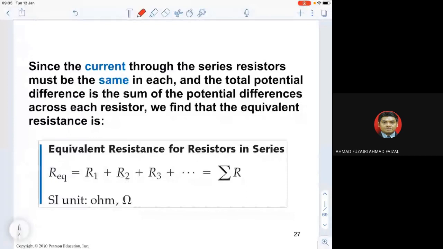Let me show you the tips to answering the resistance in series and parallel. First of all, you need to understand that there will be a lot of electric circuits, maybe they will combine between series and parallel. It's not just about series alone and parallel alone.